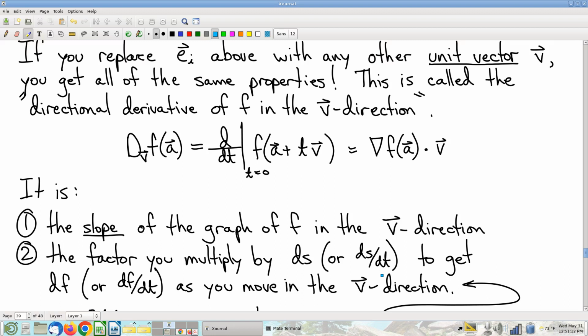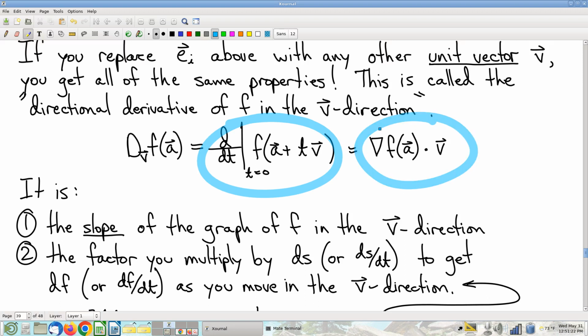There's really nothing magical about it. Okay, so this is called a directional derivative. Again, defined by this formula. Typically more conveniently computed with this formula and interpreted as slope of the graph or multiplicative factor, just like partial derivatives were.